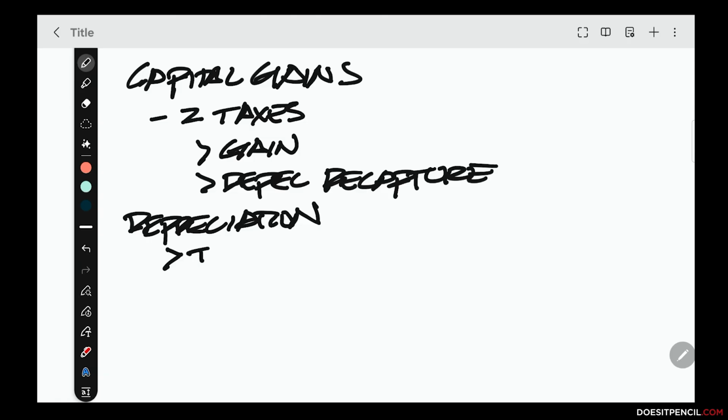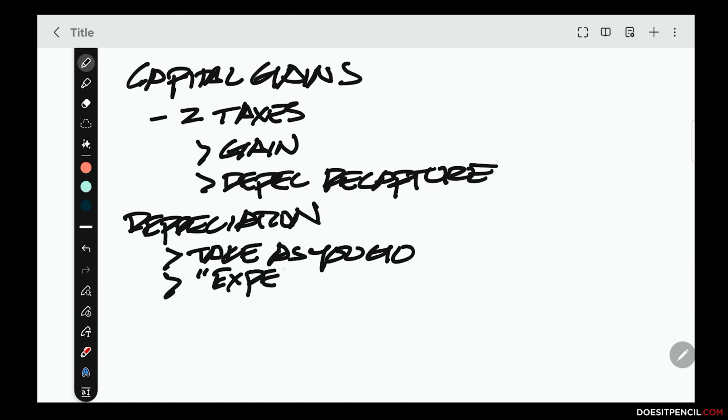You take this as you go. So you take it every year, and the beauty of it is that it's treated as an expense against income. Now you don't write a check for it, you just do it on your tax return. But the way that it's treated is that it is an expense against income.